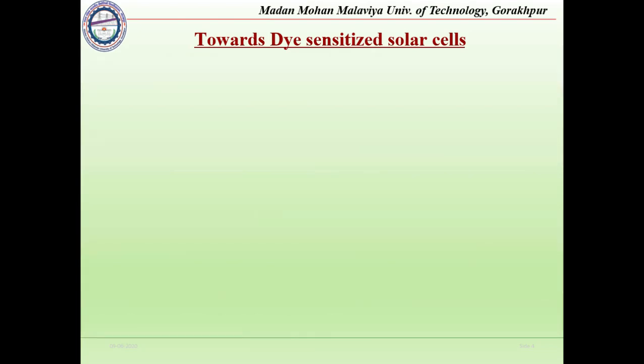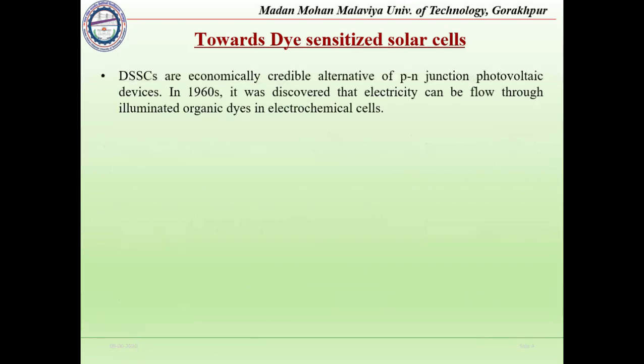Now I will discuss what a dye-sensitized solar cell is. Why do we call it a dye-sensitized solar cell? What is the dye? Basically, dye is the key component of this solar cell, and it is the dye which is responsible for maximum absorption of sunlight in the solar cell.